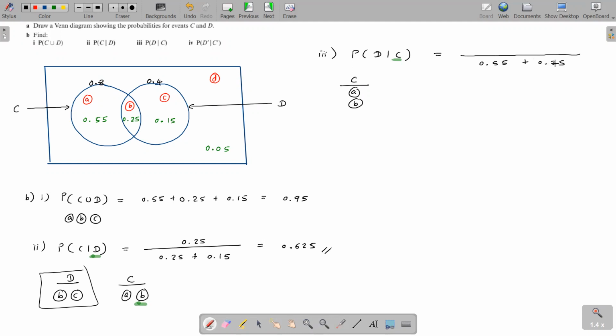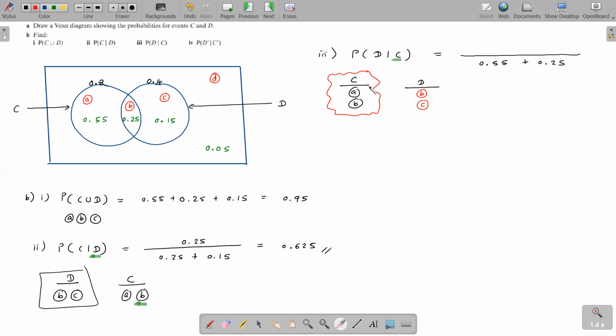And now from that given set, you have to get the probability of D from the given set. So what do we get now? Remember C is the given one. So remember it has to be one of these two regions, A or B, that has to come on top. You cannot write anyone else. So what are the regions belonging to circle D? The probability of D given C. Inside circle D, we have the regions B and C. So which one works with the given set?